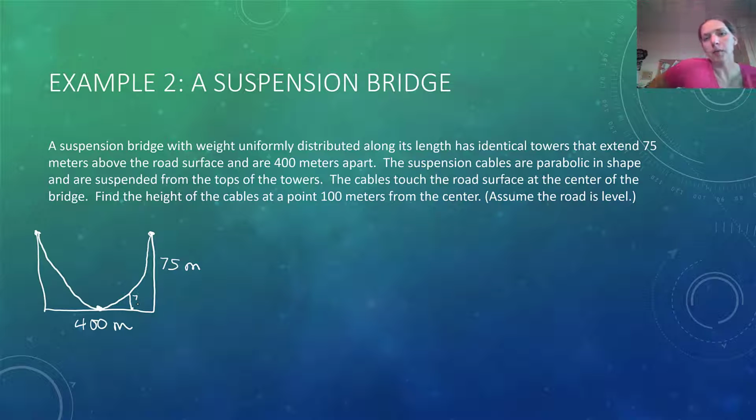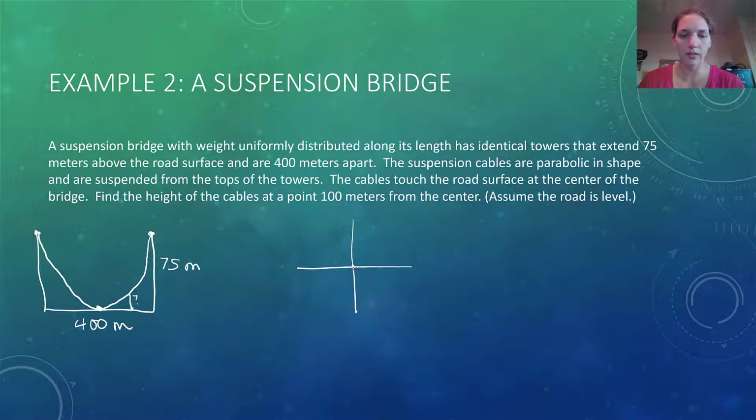Okay, so this is a word problem where we're not actually asked to maximize or minimize anything. We're asked to model the quadratic, like I think we talked about last video, and then use it to predict a value or to know a value. So let's set this up where we're on a coordinate plane. Here's the center of the road, and we're going up to each side.